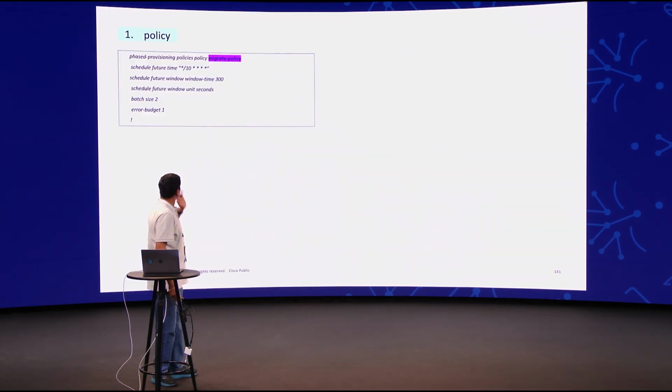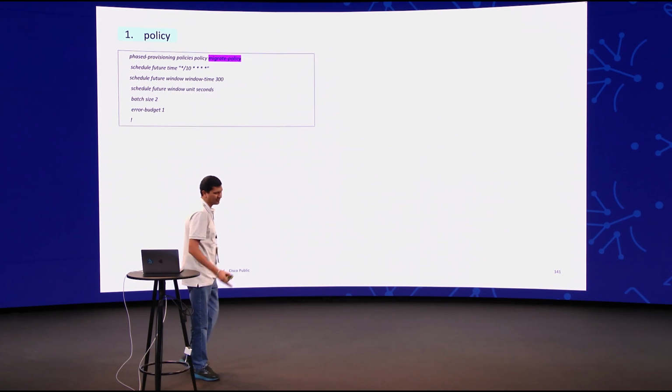So first thing he will do is create the policy. And as you can see, the policy is a future policy, and it's typically the cron job syntax. That's what the NSO scheduler expects. Here we are saying for every 10 minutes, invoke the action that we provide, right? And we've given the time window as 300 seconds, which is 5 minutes.